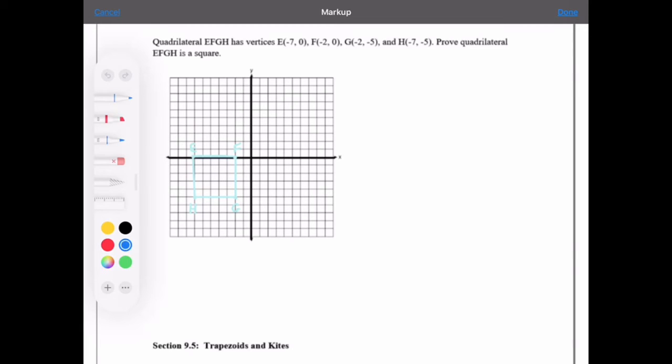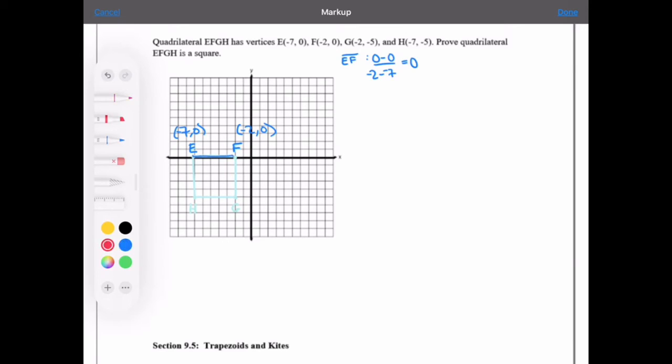So I'm going to start with EF, which is right here, if you can't see. It's a little light. So E is at -7, 0, and F is at -2, 0. So what we have to do for EF, 0 minus 0 over -2 minus -7, and that gives us 0. Alright, moving on.